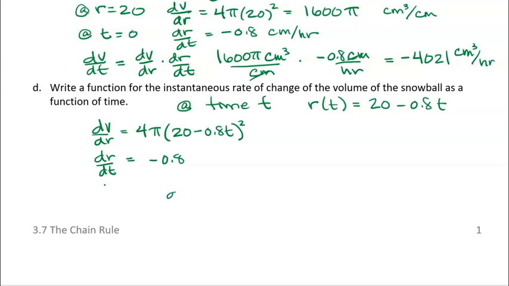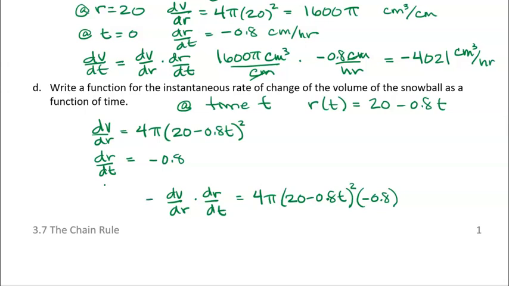We take dV/dr times dr/dt and we get 4 pi times (20 minus 0.8t) squared, times negative 0.8. That gives us the rate of change of the volume with respect to time.